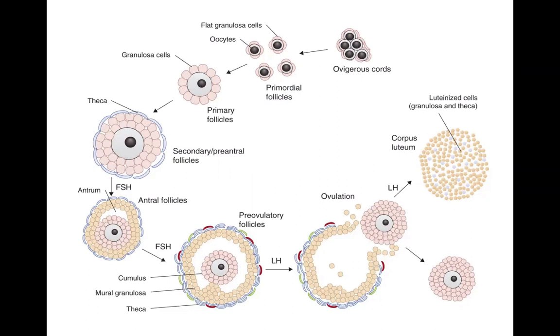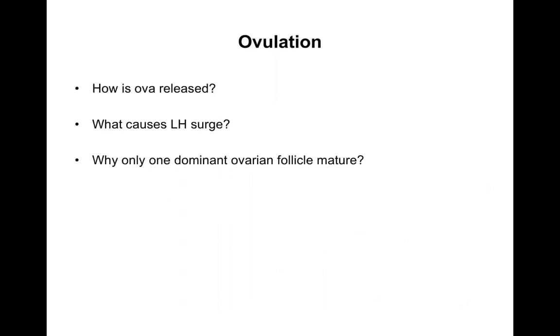So this actually answers all our three questions. So how is ova released? We just learned how the invagination of blood vessels take place, how there is increased levels of lipokinins, prostaglandins, kinases, platelet activating factor, vasoactive agents collectively, all of them help in increasing the vascularization.